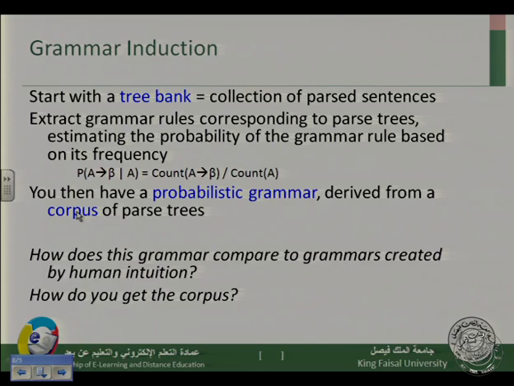This is something by intuition. So some answers can be answered through native speaker intuition, but how do we compare this to what we get from a corpus? Very interesting question, and a very good topic for people interested in NLP and its relation to grammar and language.